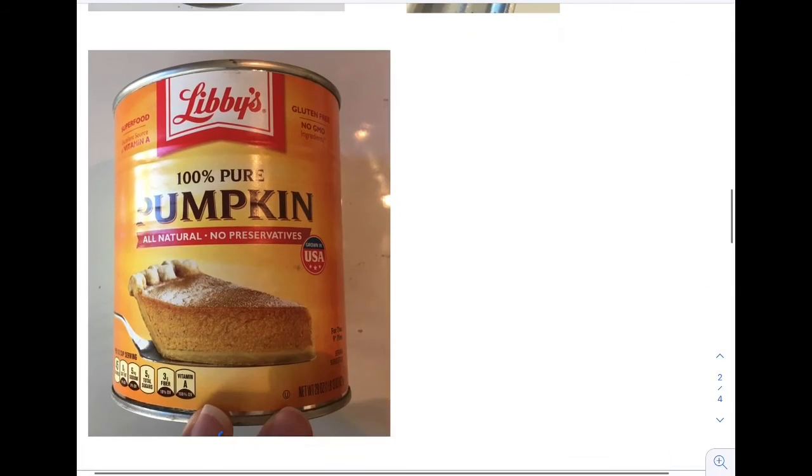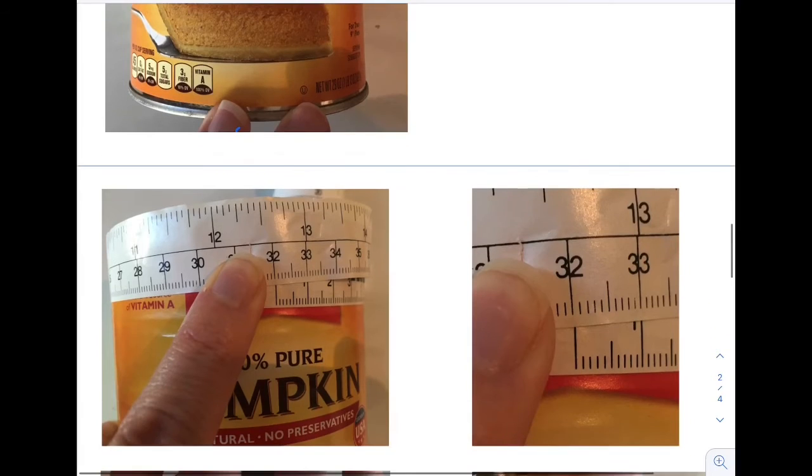I got a bigger can. This time I got a big can of pumpkin. And when we look at the circumference, I wrapped it around, and then I'm going to zoom in right here, and it looks like 32. We're recording to the nearest tenth, so we'll record circumference of 32.0 centimeters.